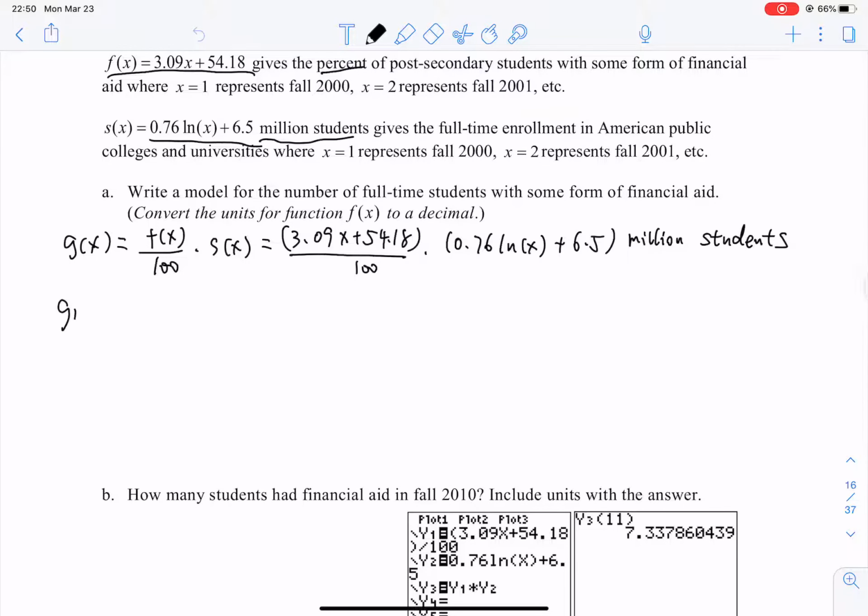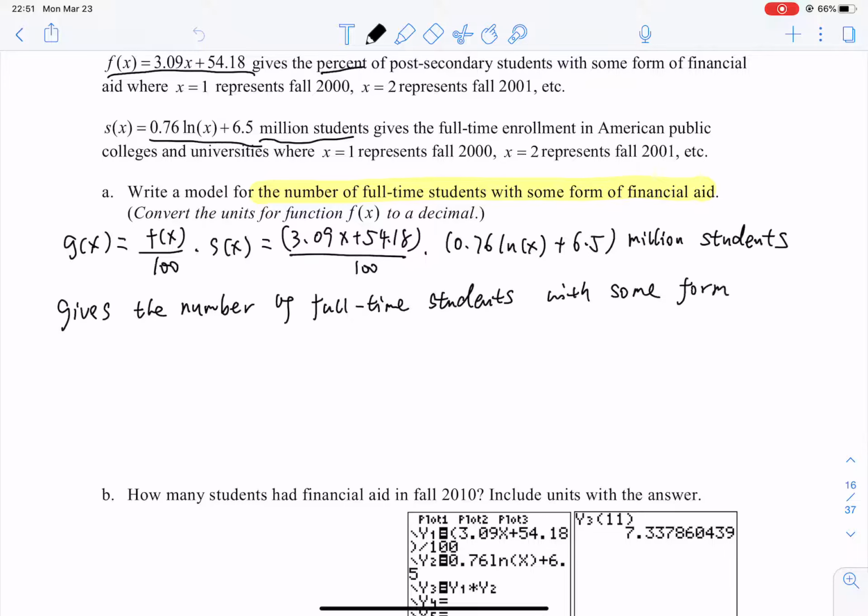This one gives the number of full-time students with some form of financial aid.